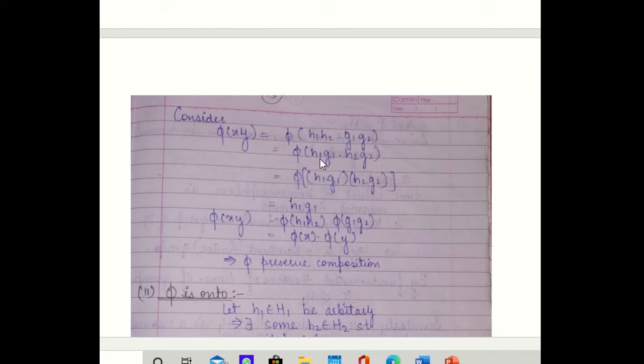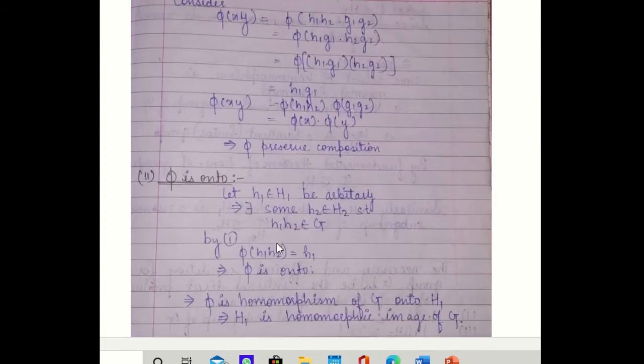This can be written as h1 g1 into h2 g2, and this can be written as phi of h1 h2 into phi of g1 g2. So this is phi of x into phi of y, so phi preserves composition.